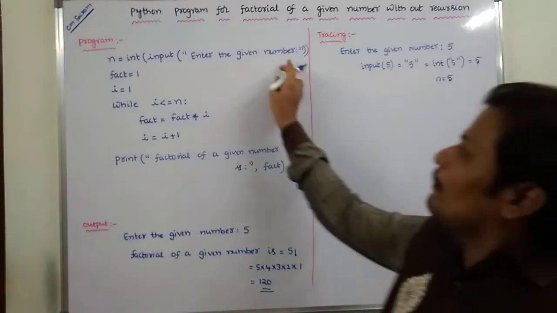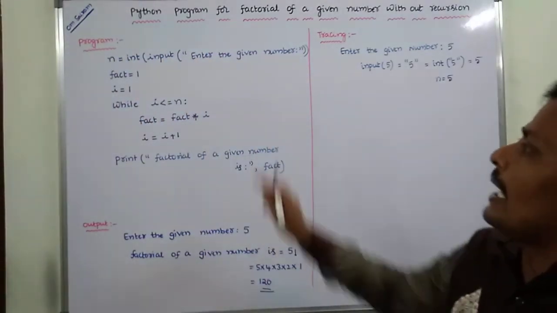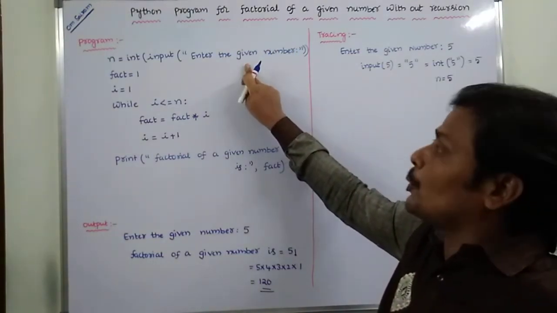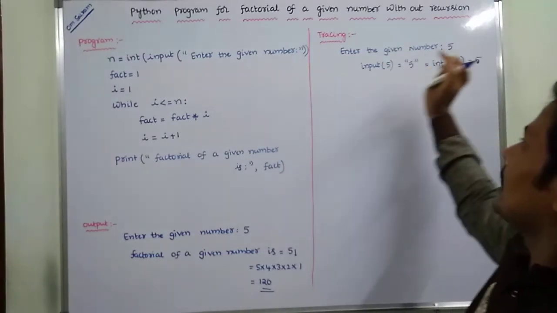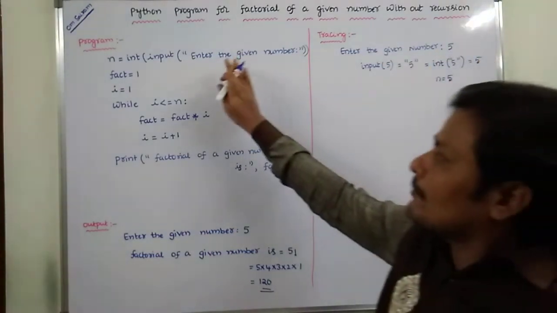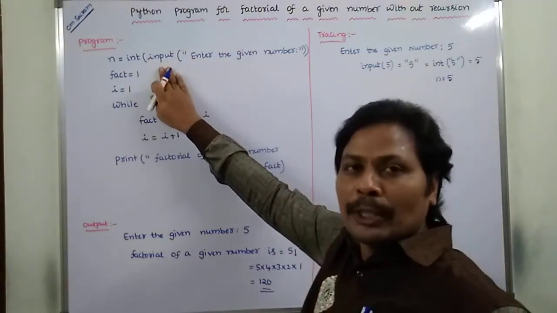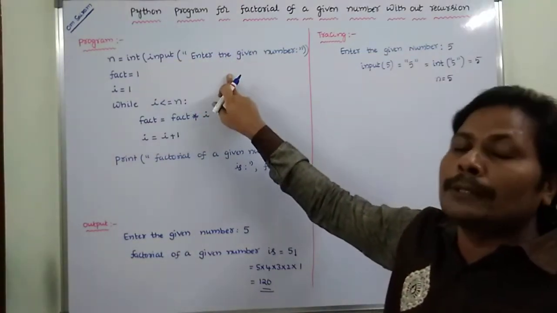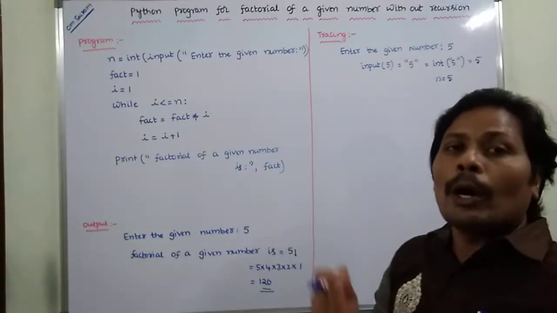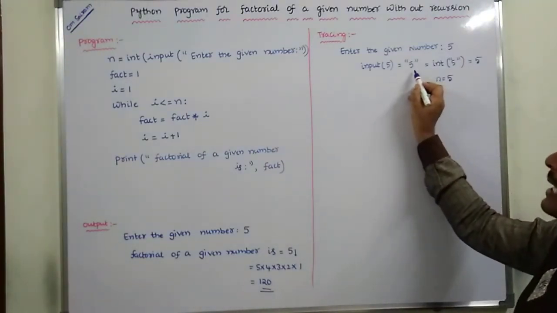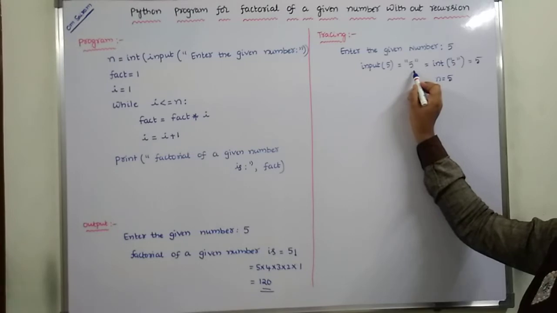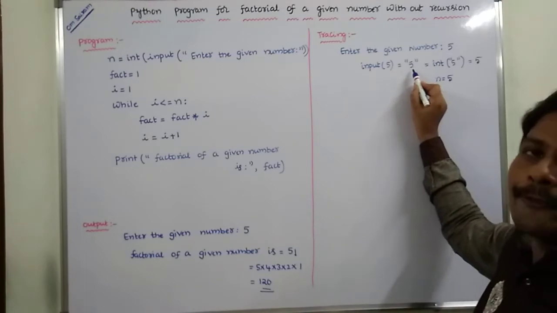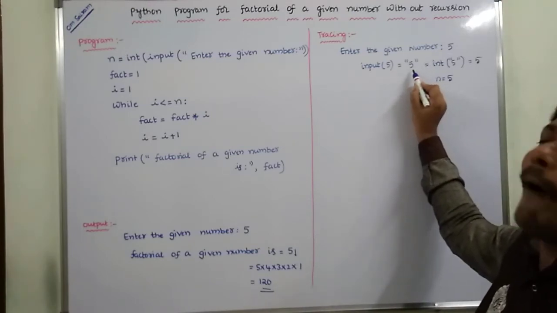Okay, so what is the meaning of this statement? This number is given by the user or a programmer. That value is 5. This value can be taken by the input function, which returns the string of that value, that is, in double quotes, the value 5.